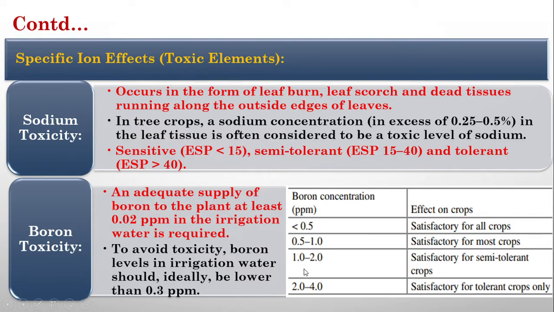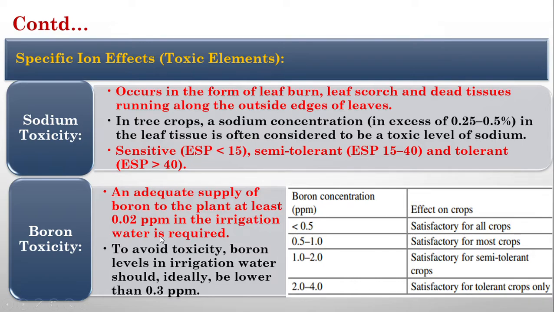When it is between 1 to 2 ppm, it is satisfactory for semi-tolerant crops. Some crops can tolerate this, so that water is suitable for only that kind of crops. When it is between 2 and 4, it is only satisfactory for tolerant crops. Higher boron tolerant crops can only survive in such kind of waters.